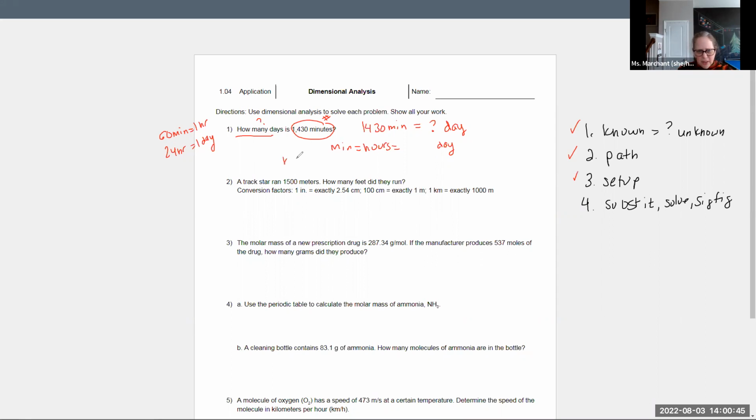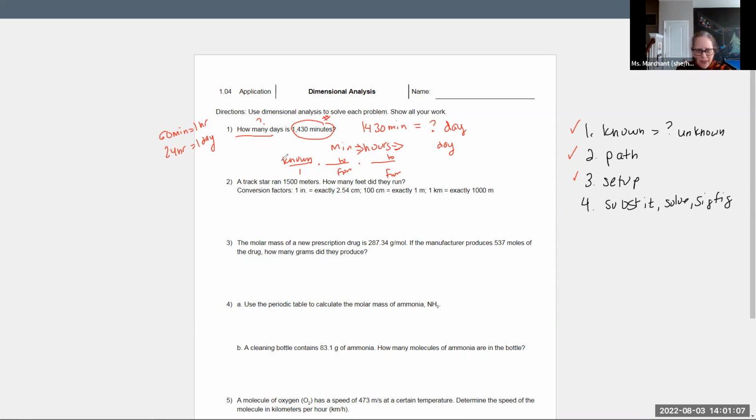Setup of equation, known over 1. And how many things do I have? I'm going from minutes to hours and then hours to days. So I'm going to have 2 unit conversions. Known over 1 times 2 over from times 2 over from. Okay.